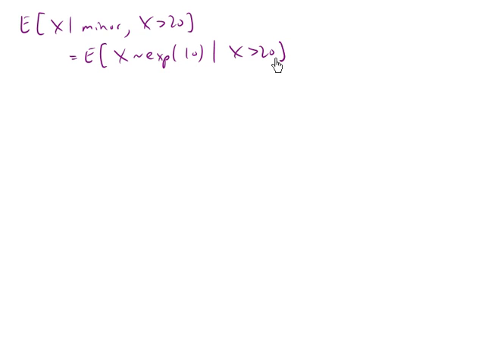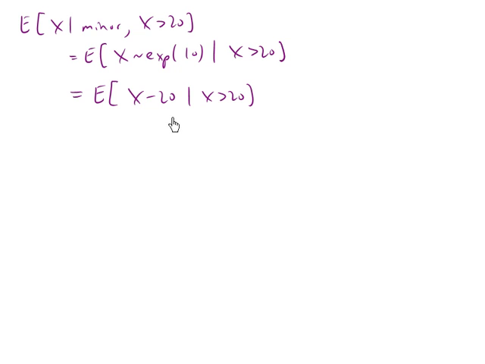What does the memoryless property say? The memoryless property says that the amount by which my accident exceeds 20 has the same distribution, if I'm conditioning on that, as the original loss amount. So let's look at by how much my accident exceeds 20. So let's look at the expected value of x minus 20, given that x is greater than 20.